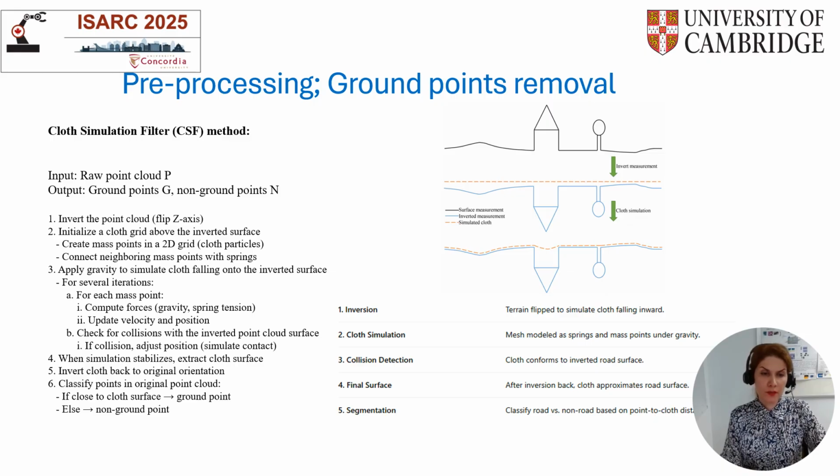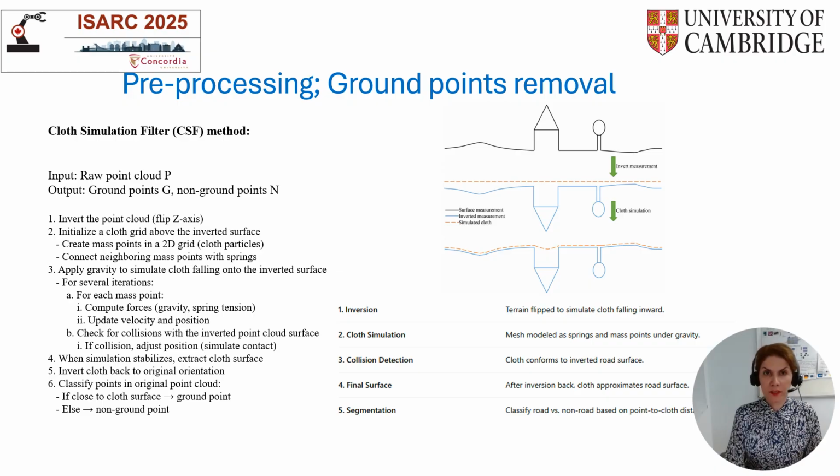Next, we face a huge amount of ground points, which we do not need. We use the cloth simulation filter method to remove the ground points, and this algorithm offers an innovative approach to ground point removal in mobile mapping point clouds by addressing the critical challenges of data volume reduction for efficient processing and analysis.